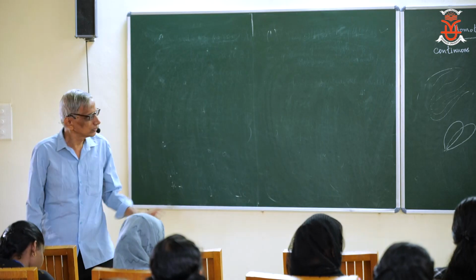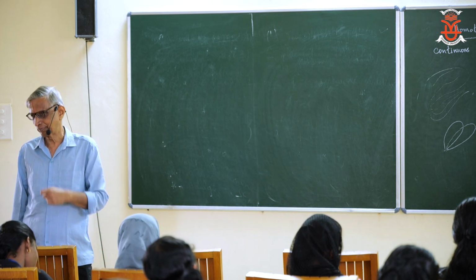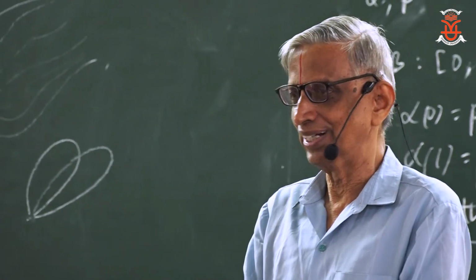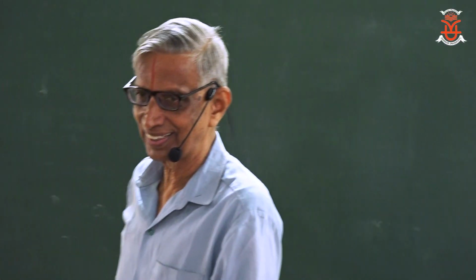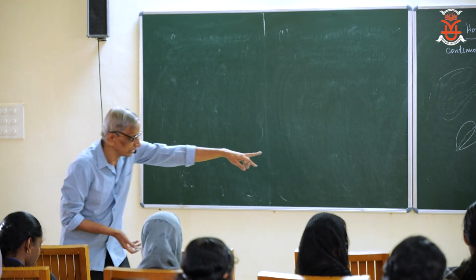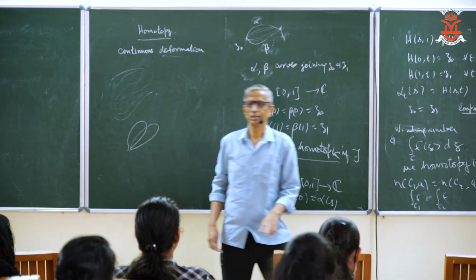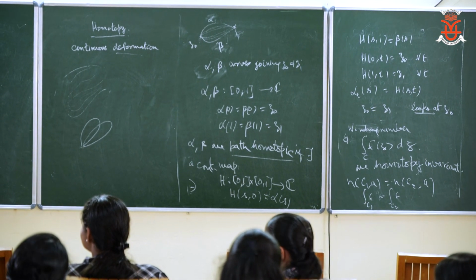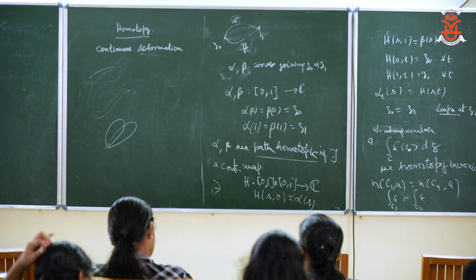So suppose you consider a constant loop. What happens to the integral? Integral over a point, 0. Right? So, in particular, what does this give you? If you have a contour which is homotopic to a constant loop, then the integral along C is 0. Okay?